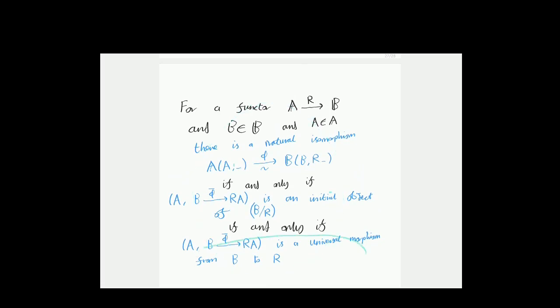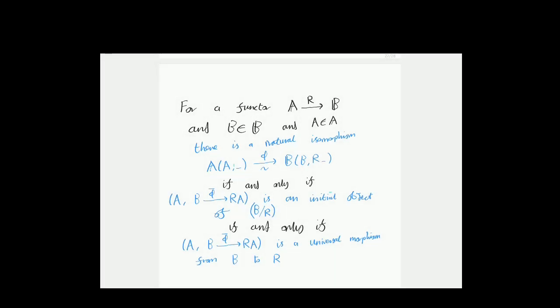And you see here we have exactly this, that A and phi bar is forming a universal morphism from this object B to this functor R. And that happens if and only if A and phi bar together are forming the initial object of this comma category, B comma R. If you want to understand why that's so, it's a good exercise to try and prove it for yourself, or you can look at my video on universal properties where I explain this in a bit more detail.